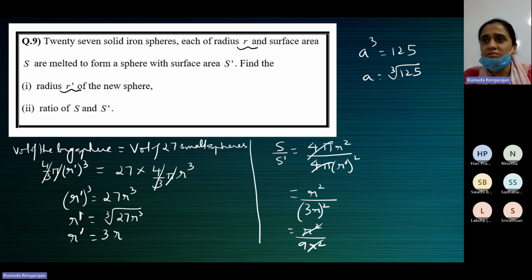No big idea here. You will get R dash is 3R. And next question is S by S dash. Formula you should know: 4 pi R square by 4 pi R dash square. Substitute and you get it. So when you're practicing this at home, do it very mindfully. Read the question. With full interest, you should work. Then you don't have to revise this at all. That is what is important.